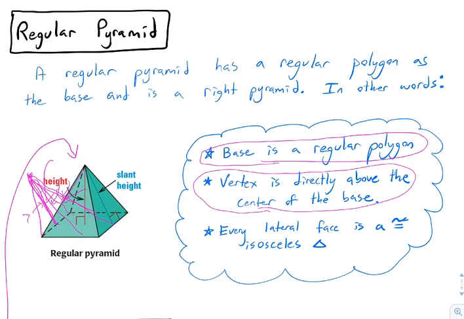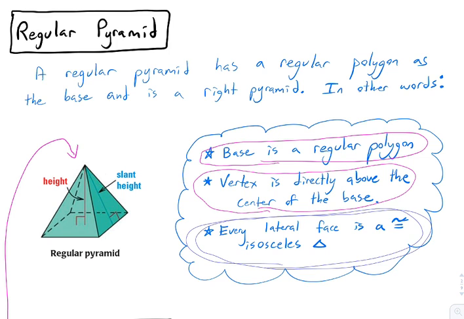So instead of labeling the height of every single separate triangle, we just say, you know what, let's deal with the case where all of the lateral faces are the same. And that's the last thing here, which is if it's a regular pyramid, then all of the lateral faces are congruent triangles. They're isosceles, but we know that they're all the same.